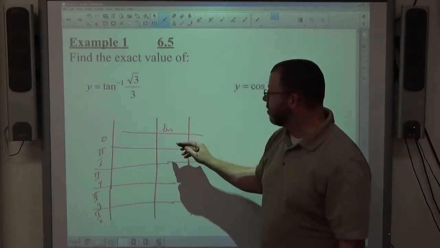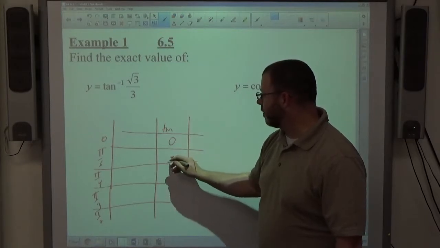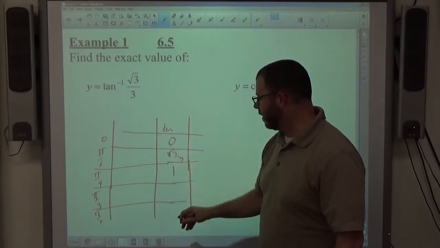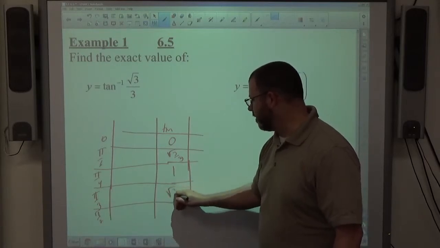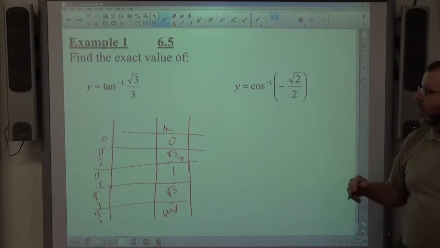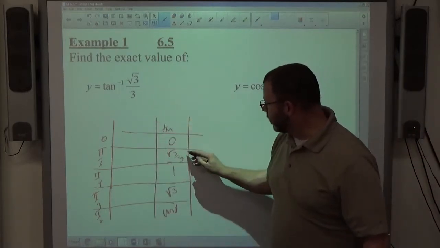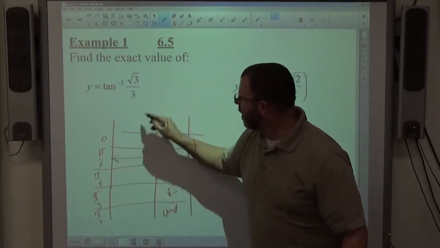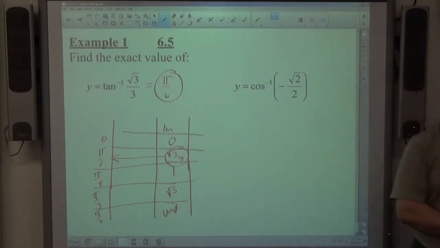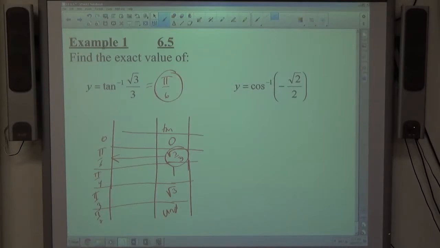On the tangent column, tangent of 0 is 0, tangent of pi over 6 is square root of 3 over 3. Tangent of pi over 4 is 1, tangent of pi over 3 is the square root of 3, and tangent of pi over 2 is undefined. That's what the sheet says. So if it says inverse tangent of square root of 3 over 3, I look there, and that's the answer. Again, it's asking where does tangent equal this, what angle does it equal it at, and that's what you're looking for.